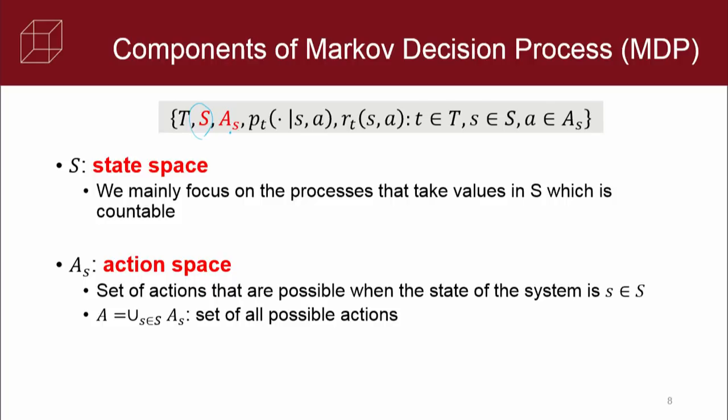All right, the third component is A with subscript S, which is the set of the actions, or action space, that are the collection of the actions the decision maker can choose when the system is in state S. So the A refers to the set of all possible actions.